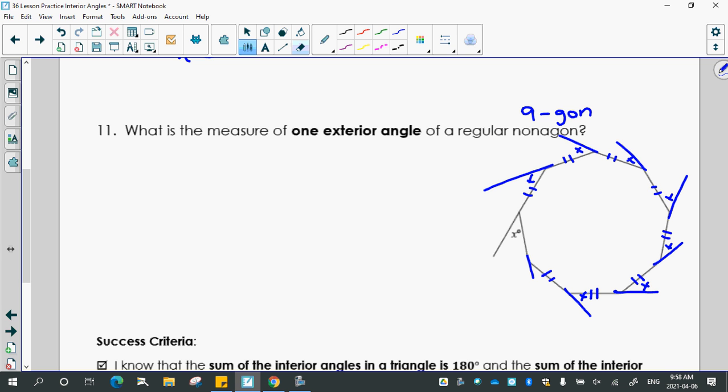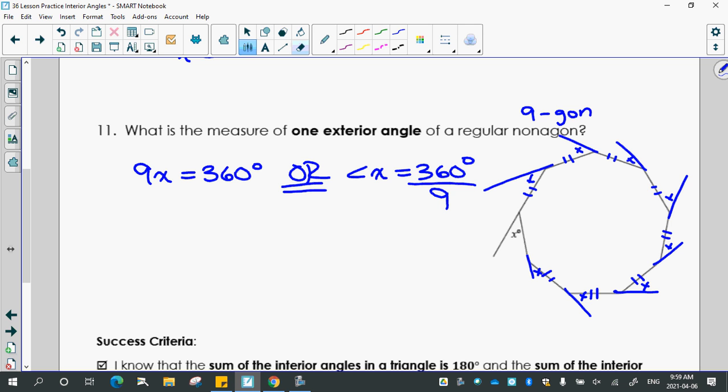Okay, so all of those exterior angles, all 9 of them are all x degrees. So we know that 9 times x is going to add up to 360, or you know that angle x is going to be the sum of all the exterior angles, 360 divided by 9. So one of those two things is your way of looking at it.